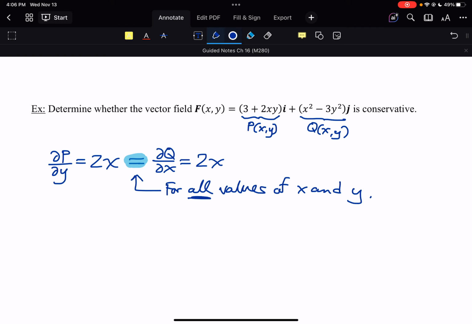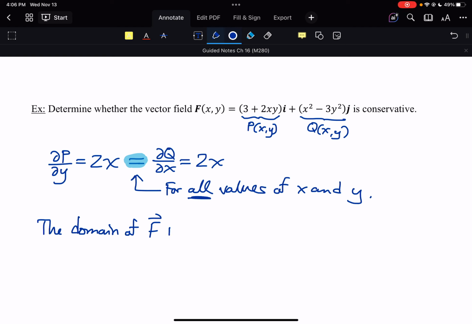So these are equal, but that alone is not sufficient. We need to determine if we are working on an open, simply connected region. So we look at the domain of f. If we look at any possible restrictions on x and y here, there are none, right? These are both polynomial.